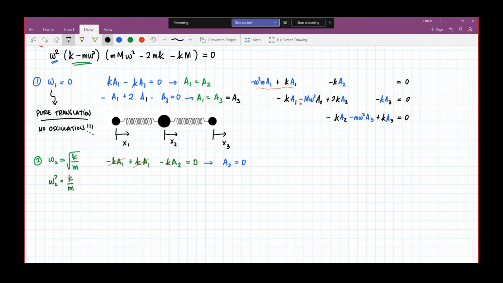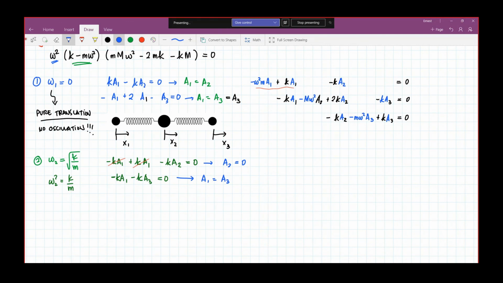The only terms that remain are negative k a1 and minus k a3, and this is equal to 0. So the result here is that a1 is equal to a3. If we substitute this into the third equation, you'll end up with A2 equals 0.